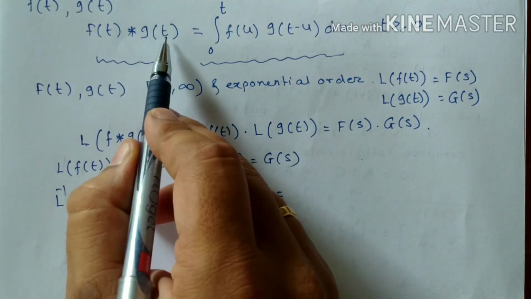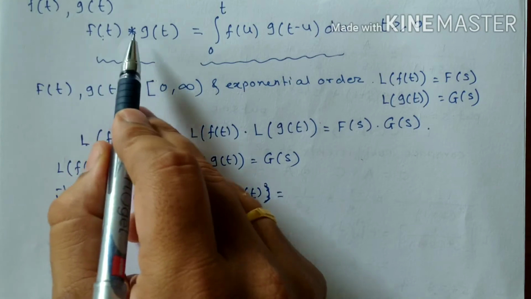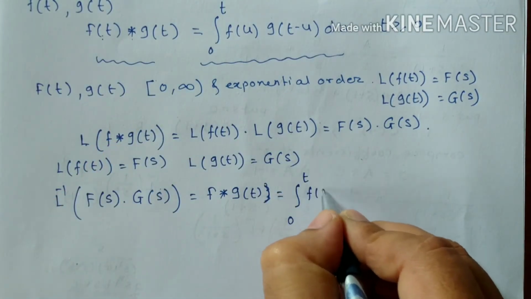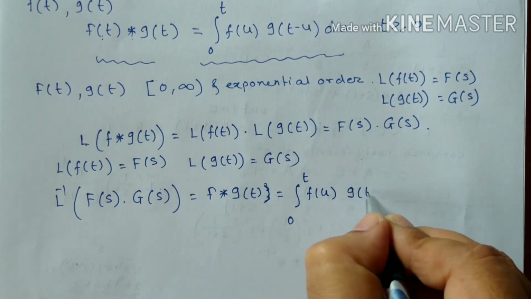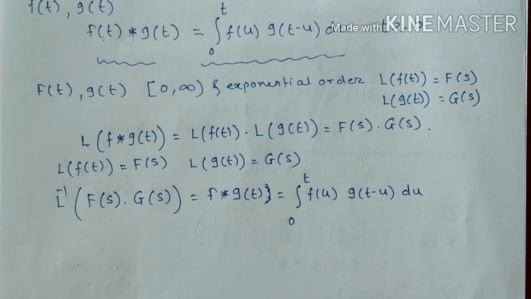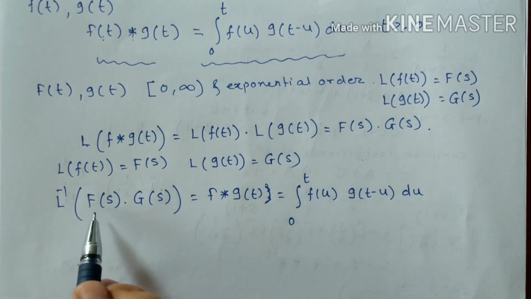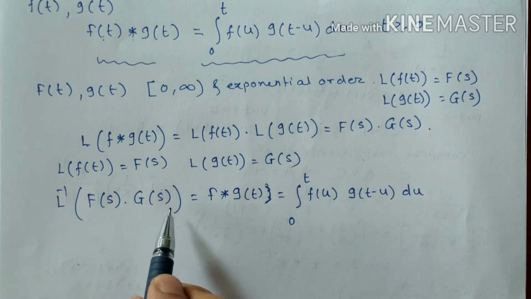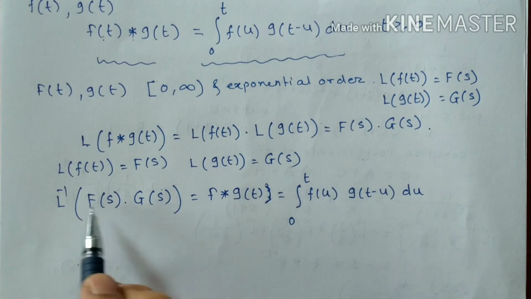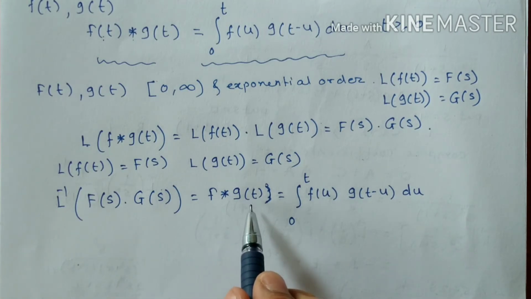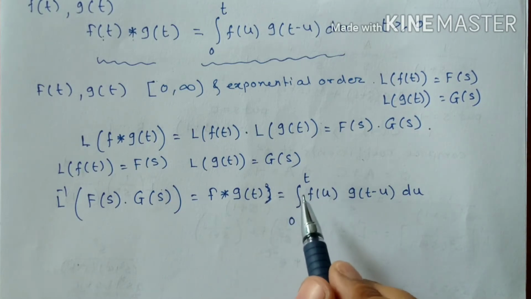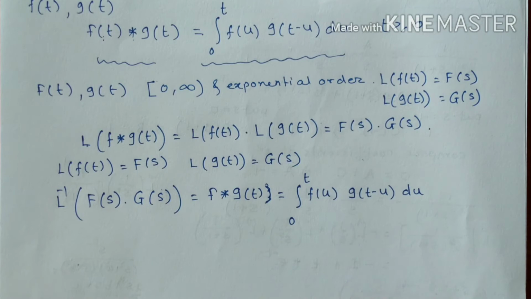It is integration from 0 to t of f of u into g of t minus u du. Are you clear with this? So if I want to take the inverse Laplace transform of F of s into G of s, its inverse is f convolved with g of t, and that is nothing but integration from 0 to t f of u into g of t minus u du.